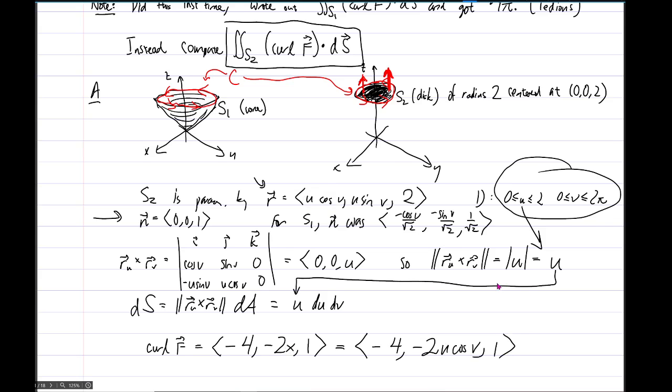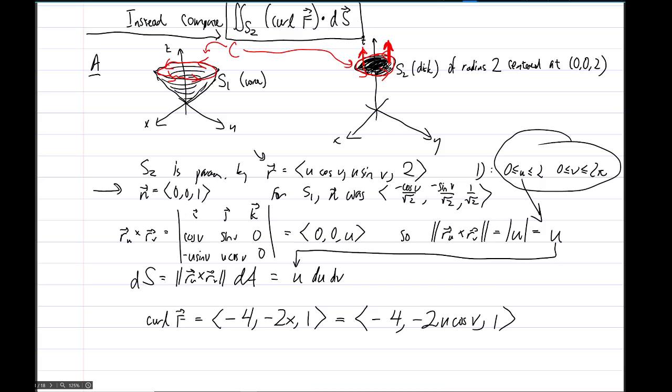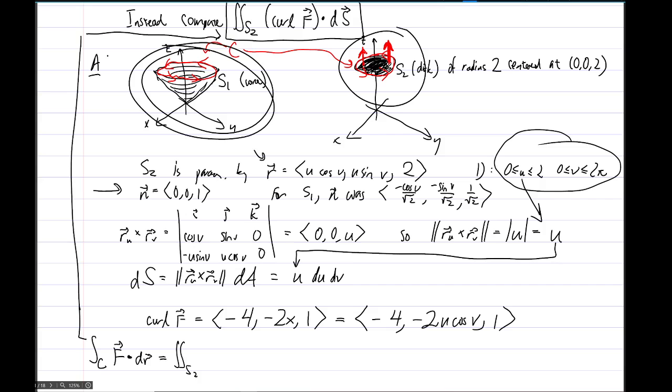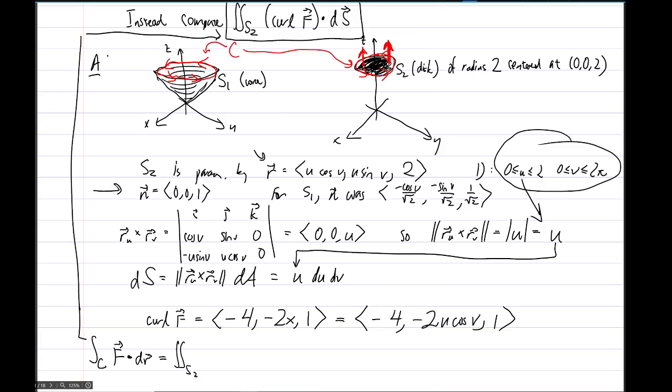Okay, so then the integral that we're computing via Stokes' theorem. We were asked to compute the integral over a curve of F dot dr, but due to Stokes' theorem, we can instead compute the integral over the surface S2. We already did it over the other surface last time. Following the formula from Stokes' theorem, it's the curl of F dot n dS.